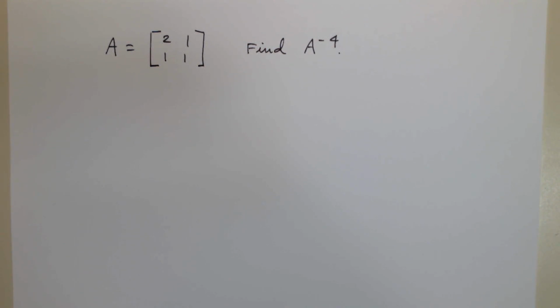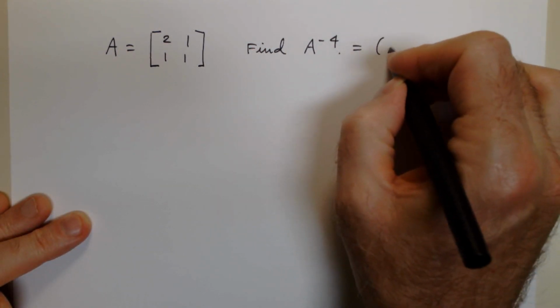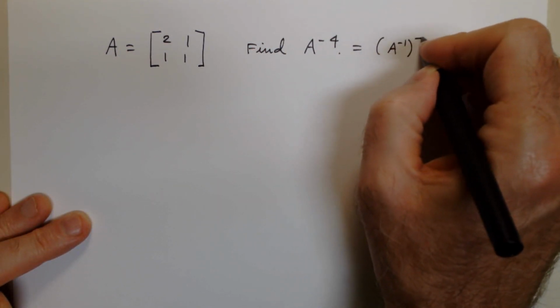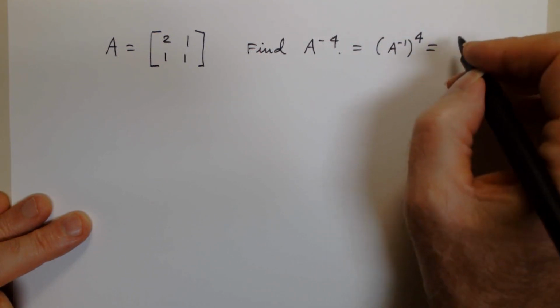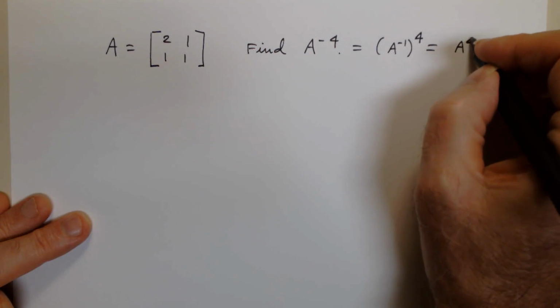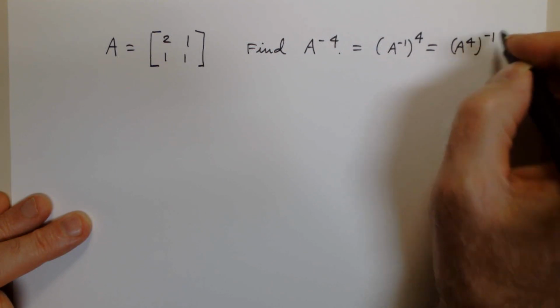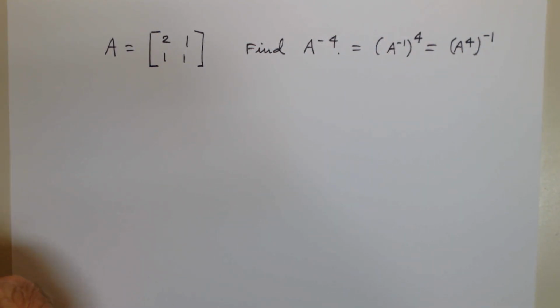We can either think of it as the inverse matrix of A to the power of 4. That would be one way to think about it. Or equivalently, we could think about it as the fourth power of A inverse. And without going into some kind of preliminary work, it would be hard to know if one of these ways is easier than another.